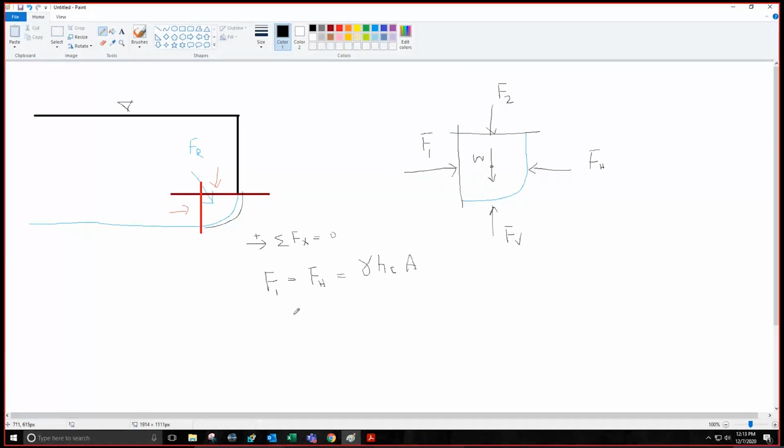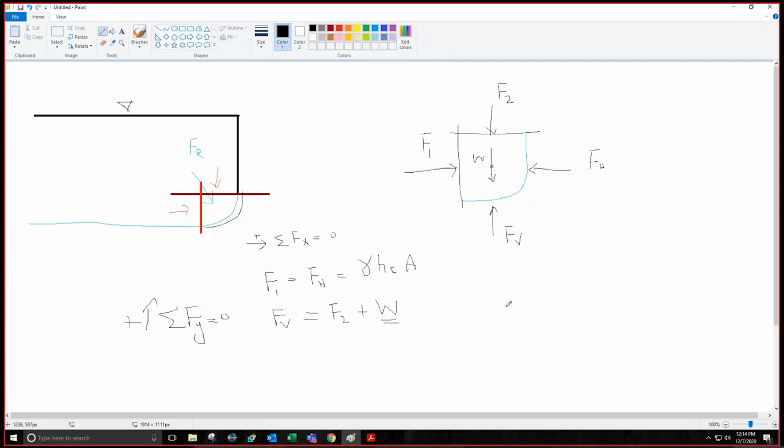We can also write Fv if we apply equilibrium, summation Fy equal to 0, with positive being upwards. We can write Fv equals to F2 plus W, where W can be the weight of the body as well as the weight of the fluid.